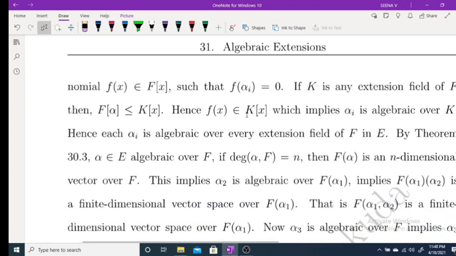Hence f(x) belongs to K[x], which implies that alpha is algebraic over K, because this polynomial f(x) has coefficients from F, and every element in F is in K. Therefore this polynomial also belongs to K[x].